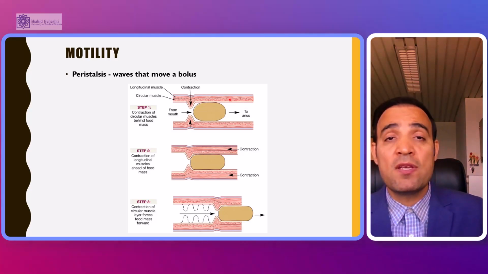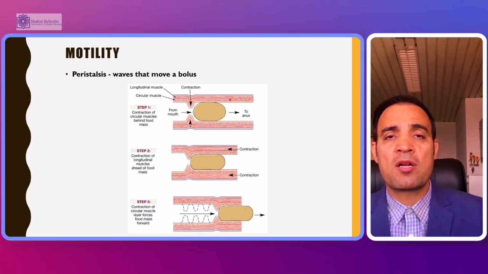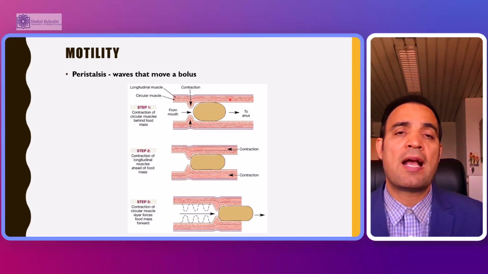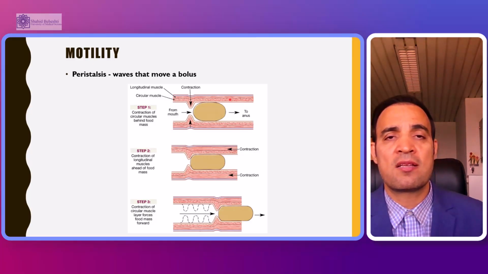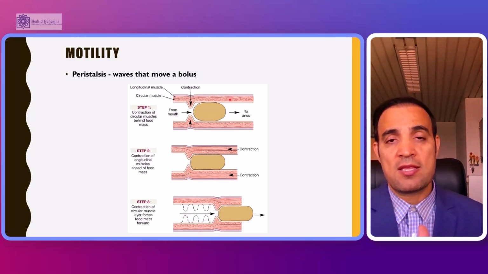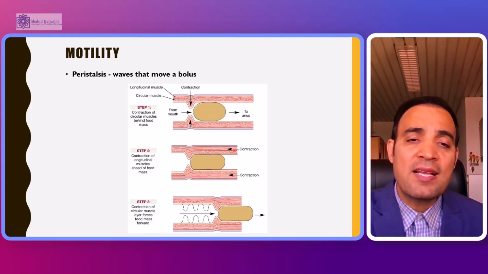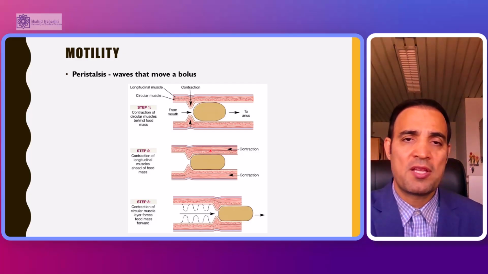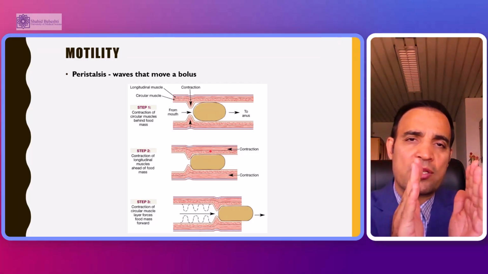Therefore, we have a pressure gradient between the distal part and proximal part, and from the mouth toward the anus there is a pressure gradient that pushes the food forward. The next step is the contraction of the longitudinal muscle that makes this segment a little shorter.